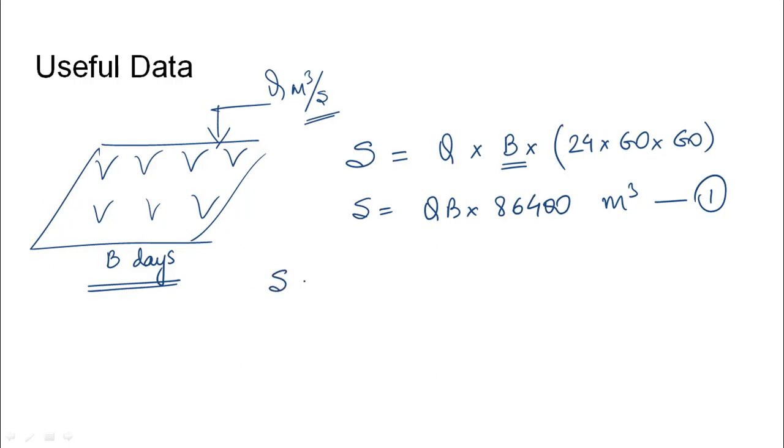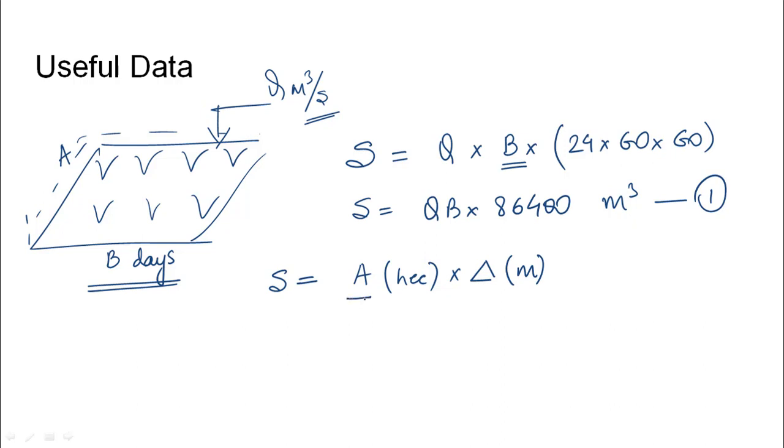Secondly, we can find the storage by using the relation that if the field is of an area A, which is in hectares, and we need to maintain a certain depth of water in the field for irrigation, which is called delta, that will be in meters.